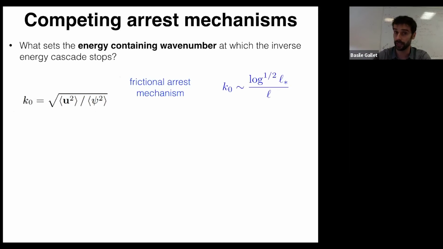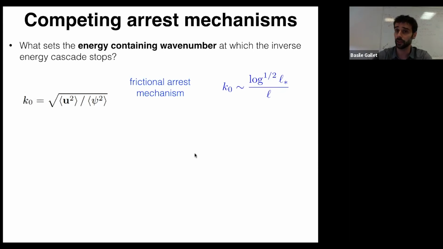Now, without beta, in the first part of the talk, there is a frictional arrest mechanism. Bottom drag is going to stop the inverse cascade. This will lead to a scale which is comparable to the mixing length, which is also this intervortex distance. But if you compute it accurately like that, in fact, you get a log correction. So it's 1 over L times this log correction.